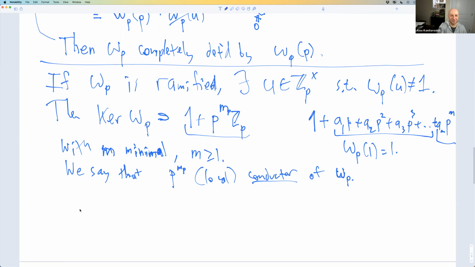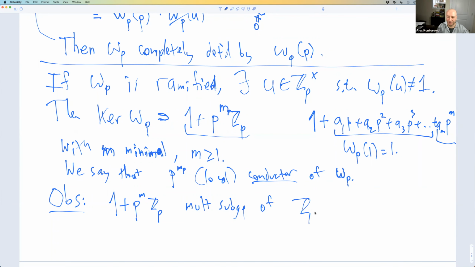And so the question is, so note, observe that this 1 plus P to the M ZP is a multiplicative subgroup of ZP cross. Is that true? If I take two elements of this form with a 1, a bunch of zeros, and then something at P to the M, and I multiply them together, does it start with a 1?